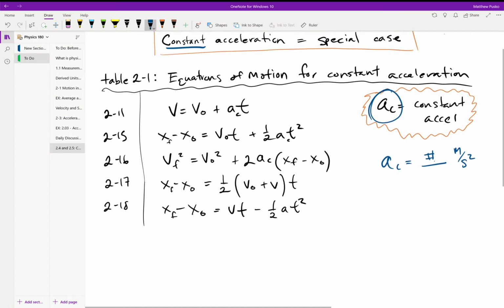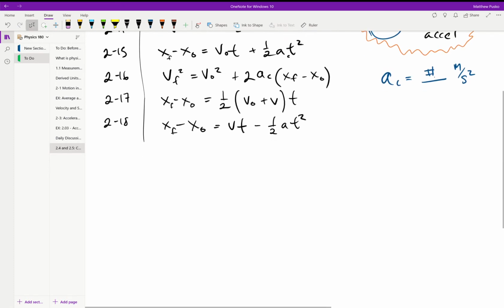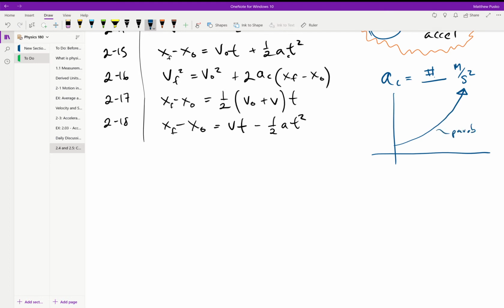It is constant. And we saw some inflection in a position versus time graph before. A constant acceleration will produce a parabolic curve. So this is position versus time.